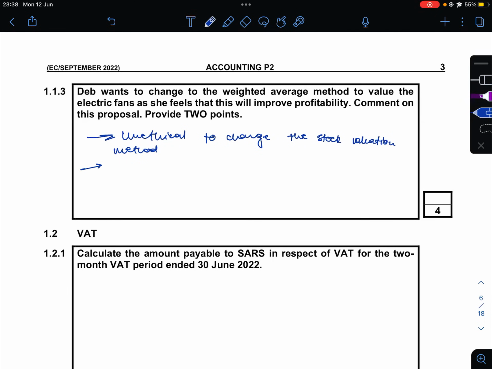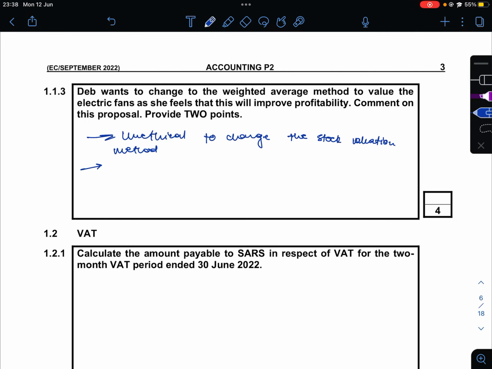Okay. And then the second one is that, let's say this year you're using your FIFO, and then the next year you're using a weighted average method. How are you going to compare your financial statements or your financial reports when you were using two different things?